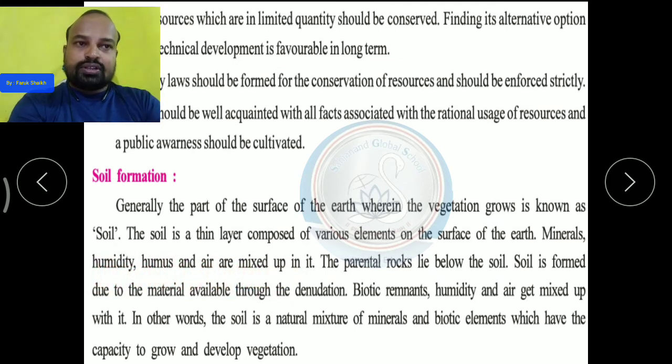So in this soil there are different types of minerals, humidity, wetness, and humus, which comes from dead animals and dry leaves when they decay. The air is also mixed in the earth.